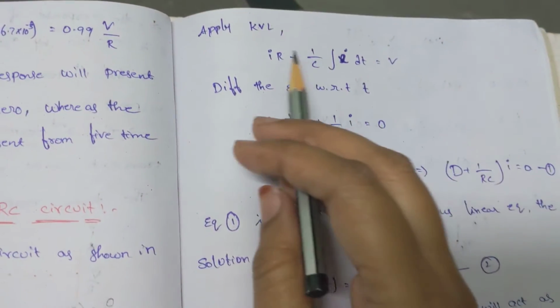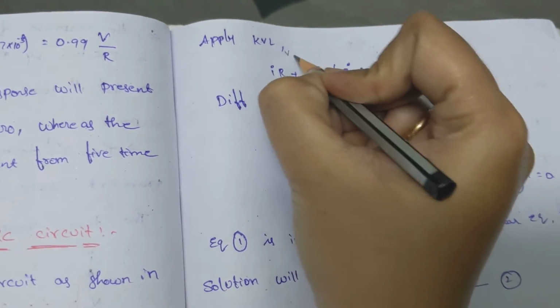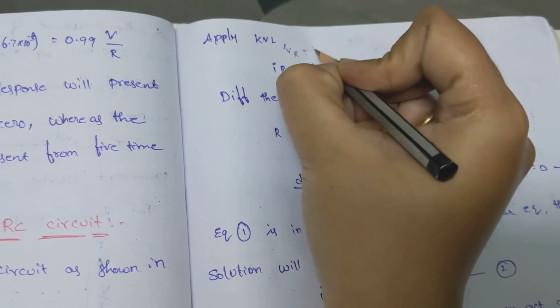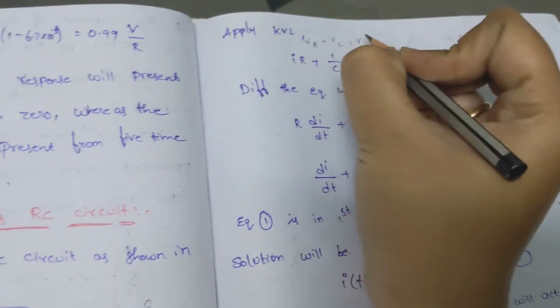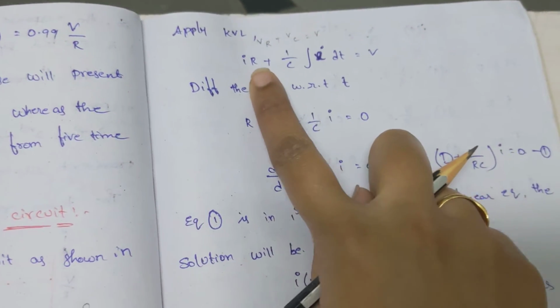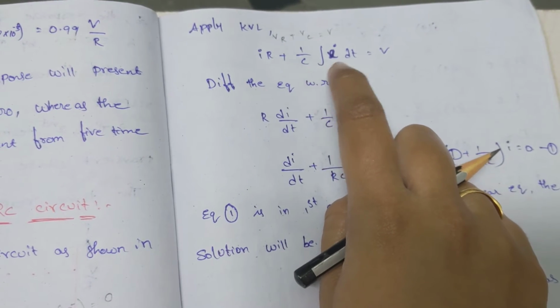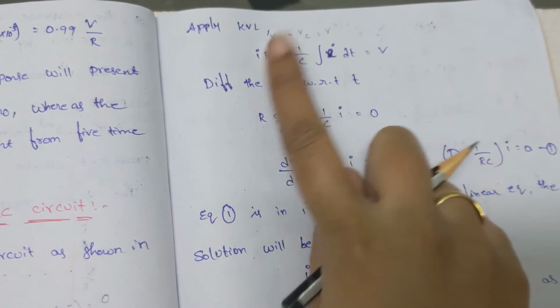If you observe, after applying KVL, VR plus VC equals V, which is your applied voltage. I know VR is IR, VC is 1 by C integral of I dt, and V is your source.